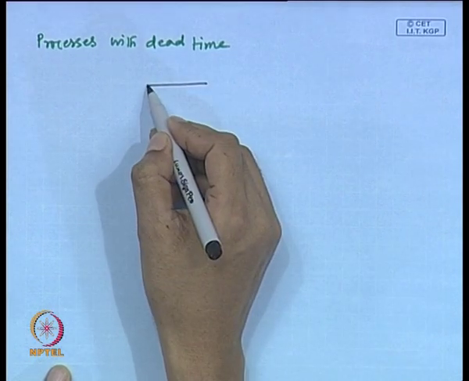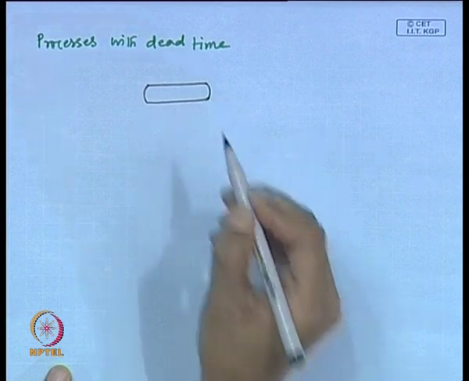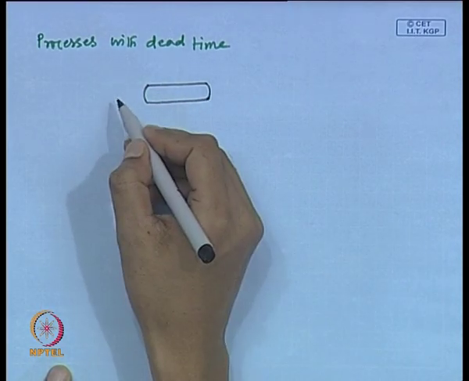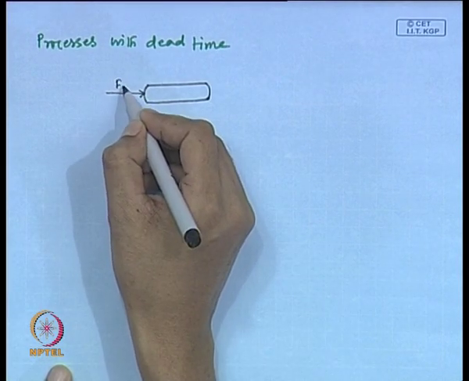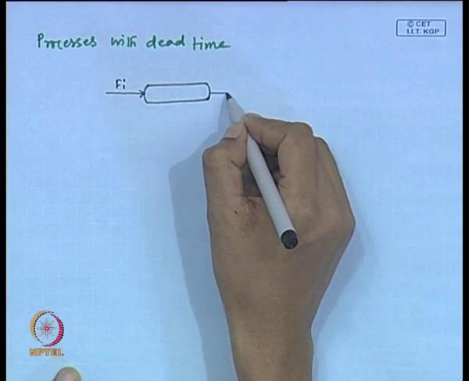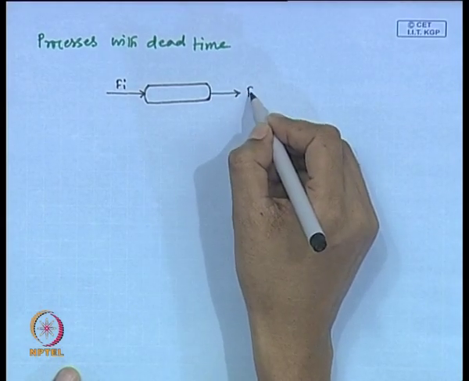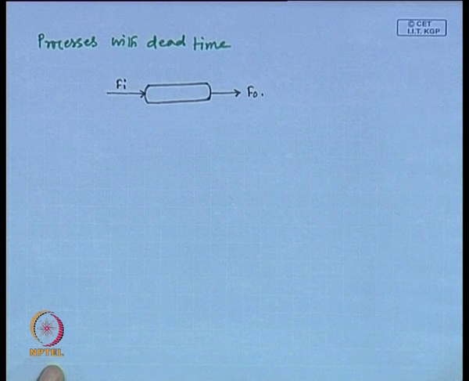Say this is a pipe through which a liquid is flowing with the inflow rate of Fi, and say the outflow rate is F naught. Fine. Now we are introducing a change, maybe a step change at a particular time instant.